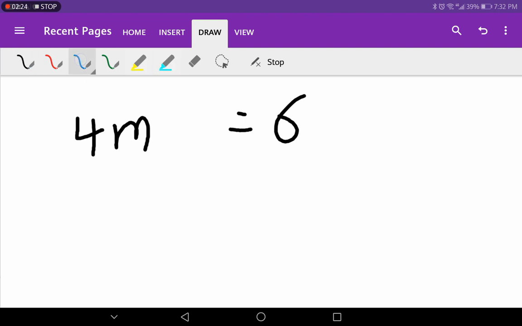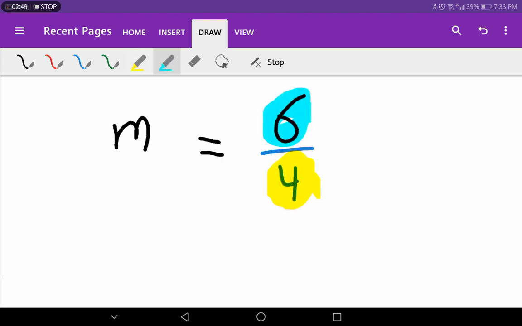Then I will divide by 4, and I will erase this. Now actually I have a fraction with a big head. Yes, a fraction with a big head, it is an improper fraction. And what is our technique to convert it to a mixed number? We ask how many 4s in 6.